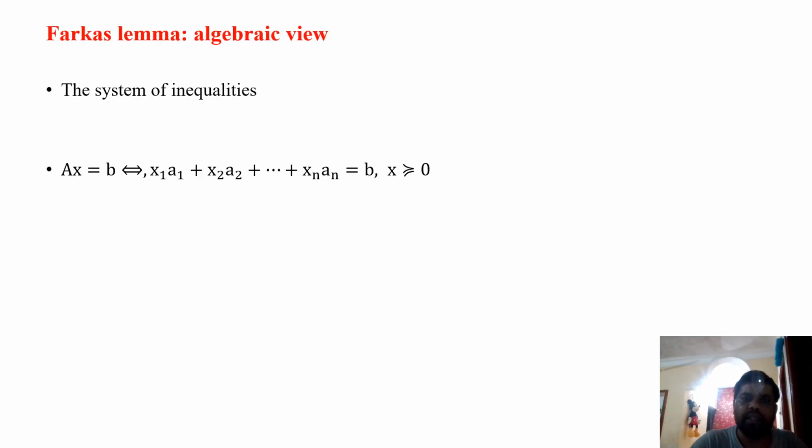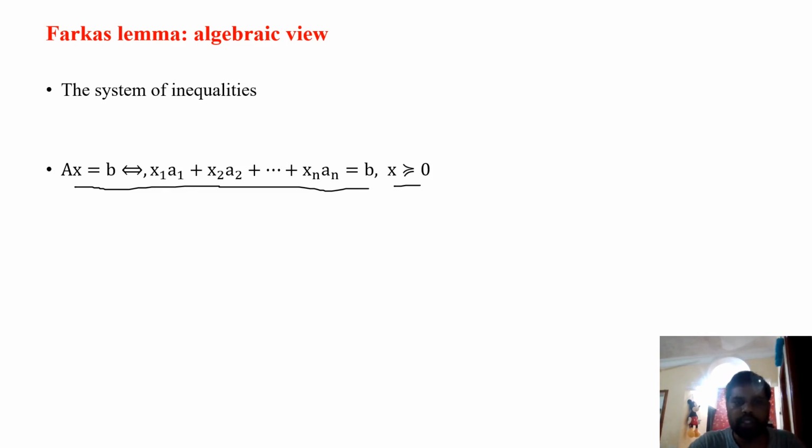If you want to see it algebraically, then we can define two systems. The first criterion, that B is in the convex cone, we can write in algebraic terms, where the xi are all non-negative.